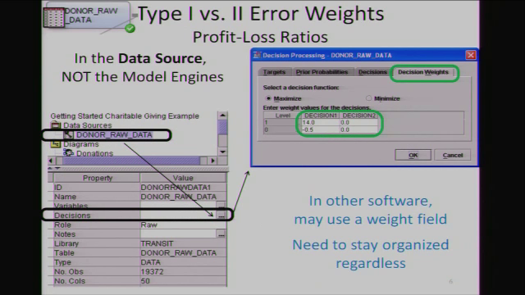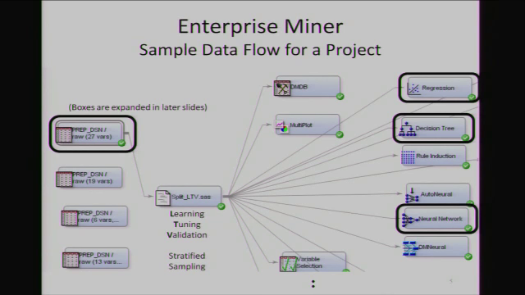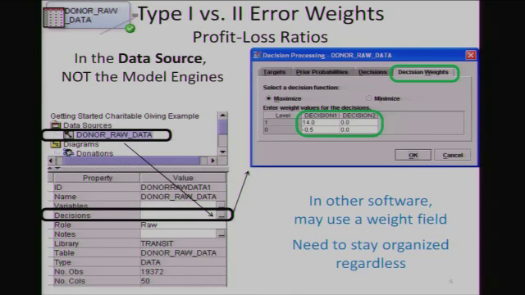And so the ones that are circled are the ones I'll be talking a little bit about in examples. And one of the things I want to point out is it's not just one place you're modifying stuff. You're modifying parameters and choices all throughout the software. And you need to keep track of that. So in this data source, going in there, there's a decision matrix where you can have a weighting.